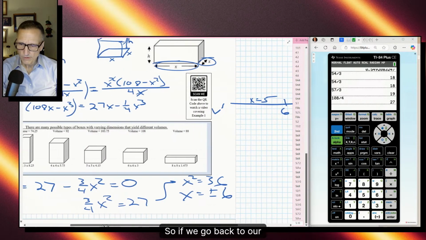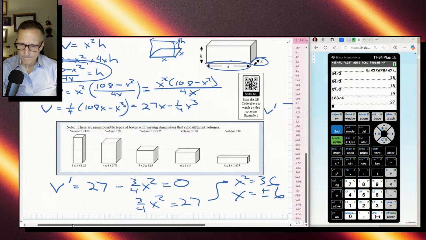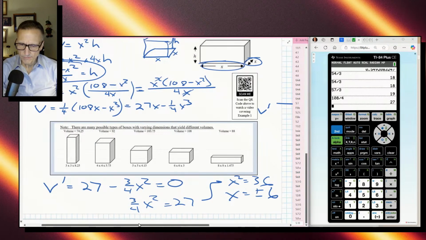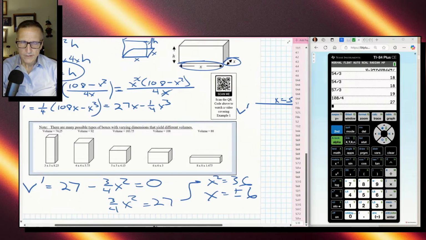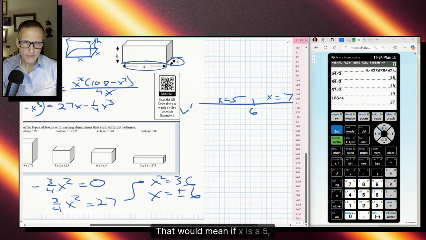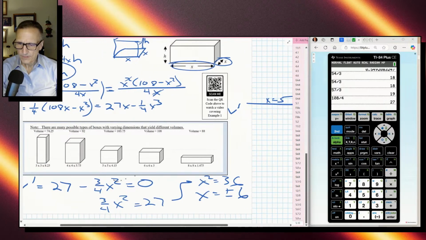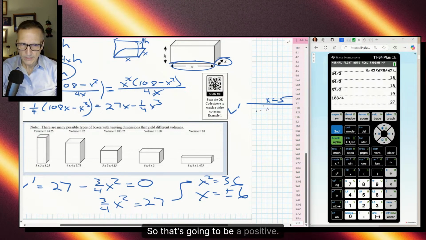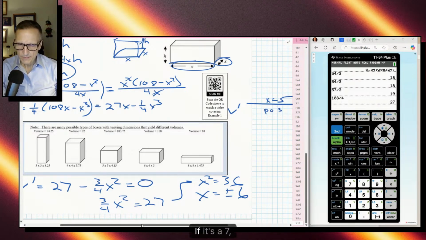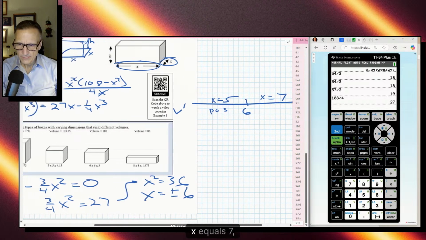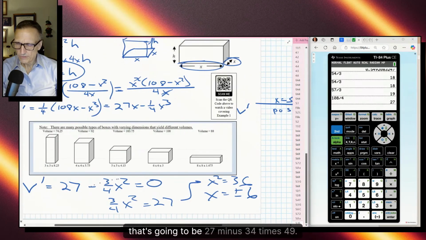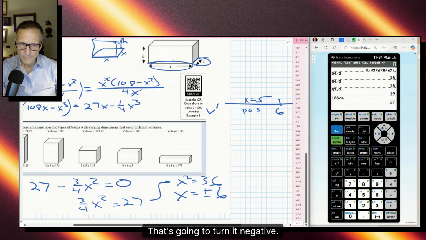So if we go back to our v prime, 27 minus 3/4 x squared, that would mean if x is a 5, that's 25 times 3/4. So that's going to be a positive. If it's a 7, x equals 7, that's going to be 27 minus 3/4 times 49. That's going to turn it negative.